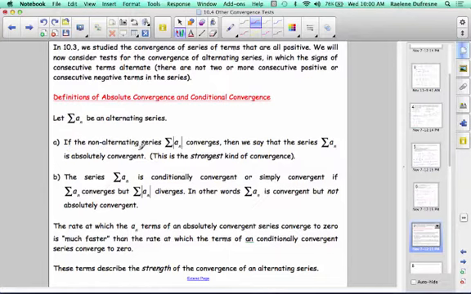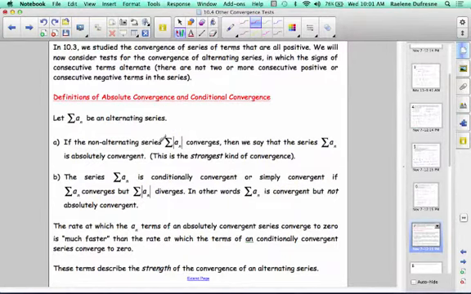The non-alternating series is bigger than the alternating series, because the alternating series subtracts some terms every other term. If the non-alternating series converges, then the smaller alternating series is called absolutely convergent. Of course, if the non-alternating series converges, the smaller series will converge. And so absolute convergence is when the alternating series and the associated non-alternating series both converge.